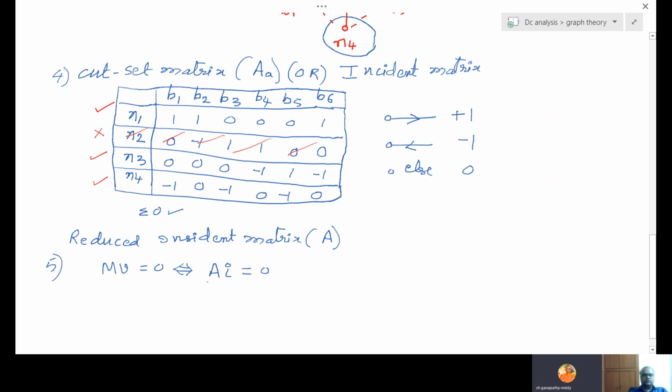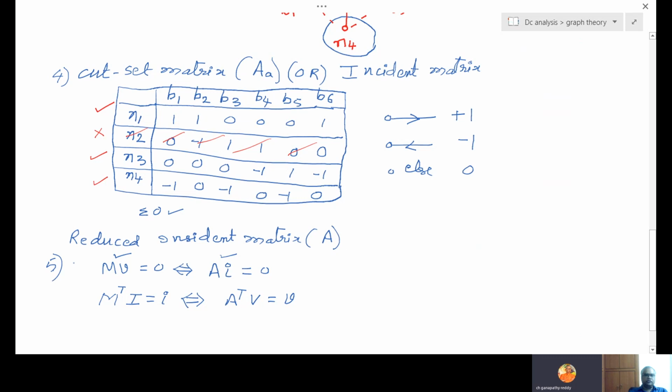Tie set matrix changed to cut set matrix. This proof I explained; same way you can do this. Then we also derived M transpose capital I is equal to small i. Then what is the dual of this: A transpose capital V is equal to small v.